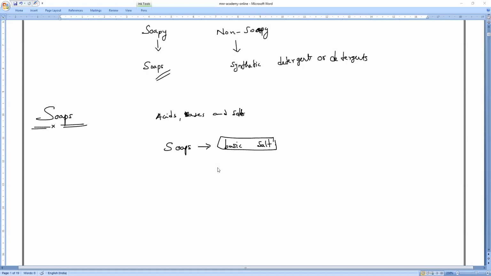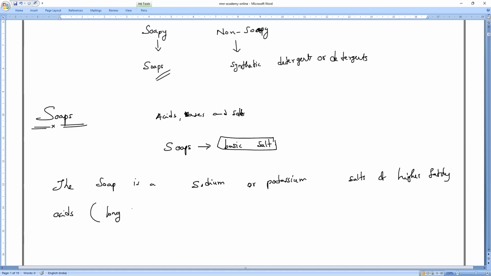Write it, everybody. Soap is a sodium or potassium salt of higher fatty acids. That is the reason I use the word fats. Fats means immediately you have to use some word. What is that word? You get it in biology also.